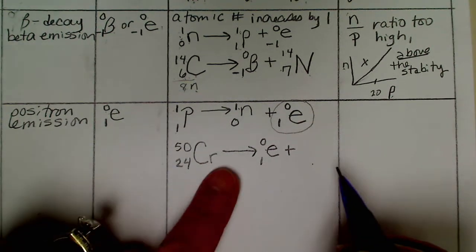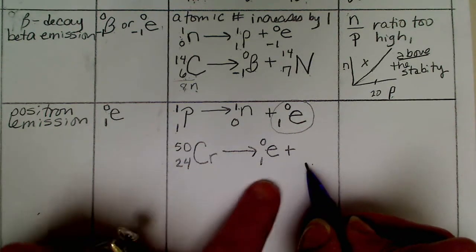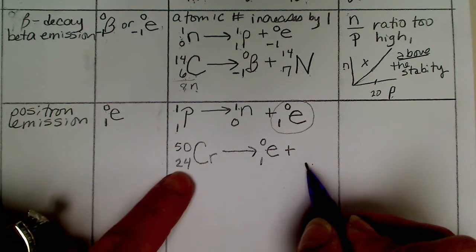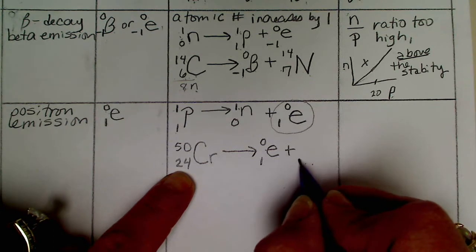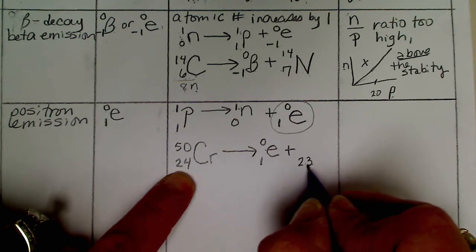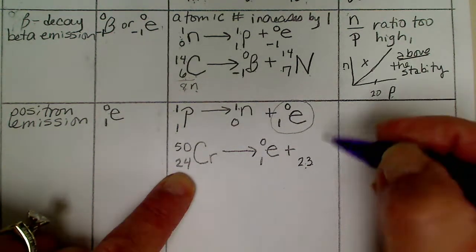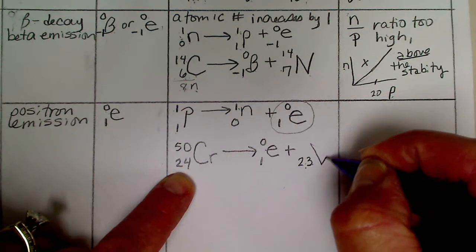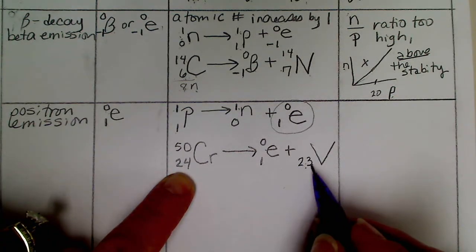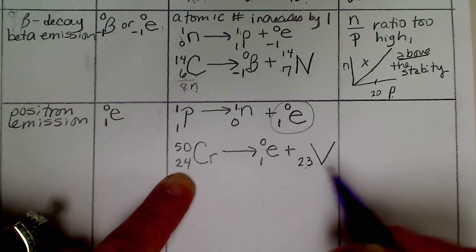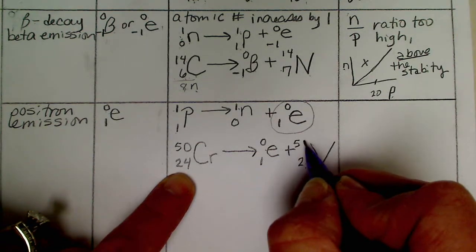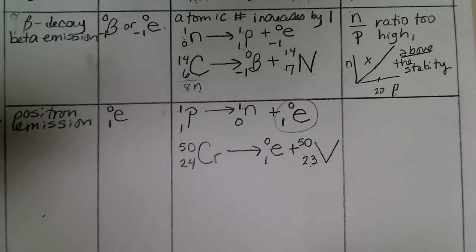And again, it's just doing the math. What number plus 1 equals 24? So that would be 23. And that's the charge of the nucleus, but that also is the atomic number. So the atom right before chromium on the periodic table is vanadium, and the mass number in this case would not change.